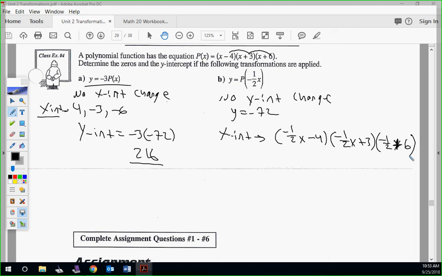We have to find the zeros of all of these again. They're not as straightforward as just looking at opposites, right? So for example, with this one, you can set them all equal to 0 if you need to. Add the 4. Times by negative 2. So one of our new zeros is negative 8.